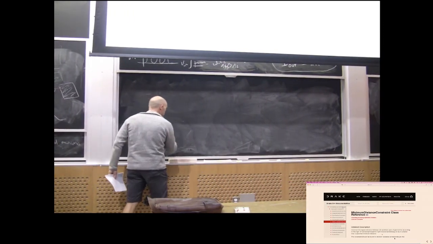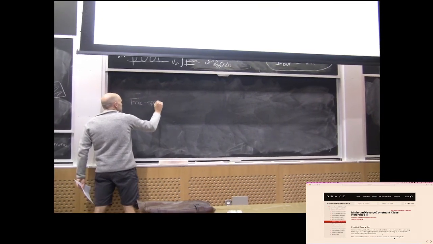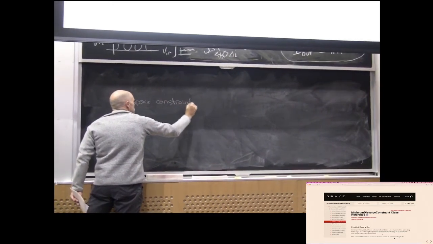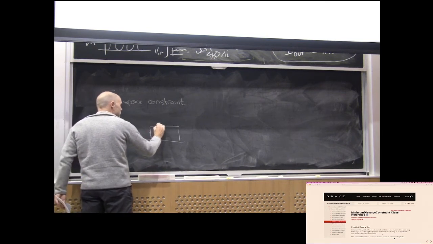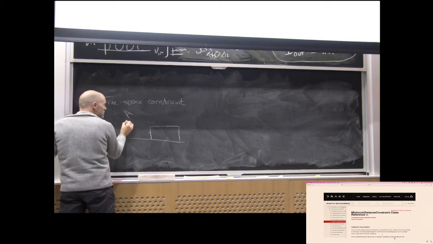So this is the free space constraint. If I have my scene points over here, and my camera's over here, right?